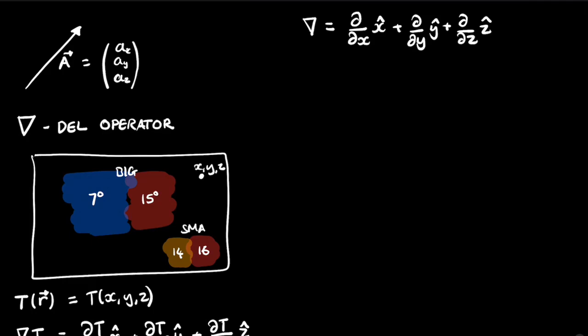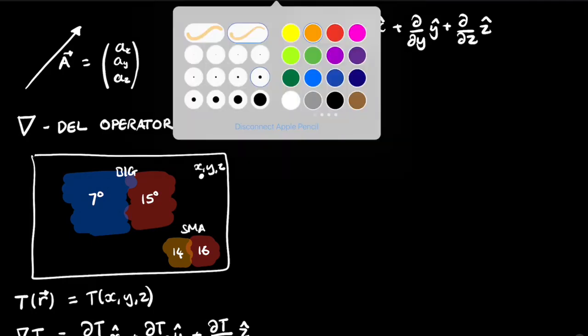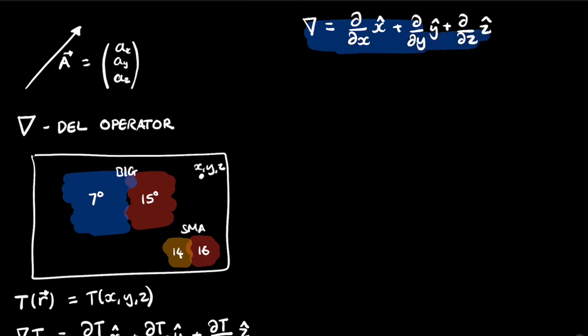This is what grad actually is, and it's pretty important. You're going to be using grad quite a bit in electromagnetism. You'll see this symbol a lot, so it's very important to know what it does. And yeah, that is the gradient operator.